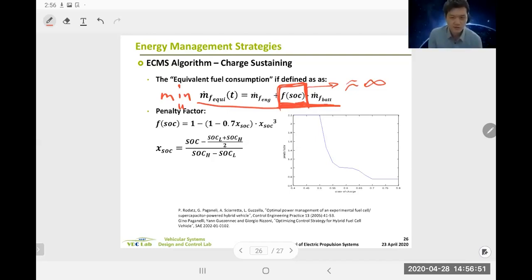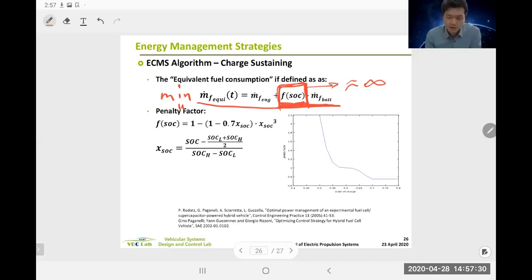So the answer was the controller will use more engine, and that's going to lead to an increase in SOC. That means battery energy is so expensive, and real engine fuel consumption is so much cheaper than the battery, then you want to use the engine as much as possible.